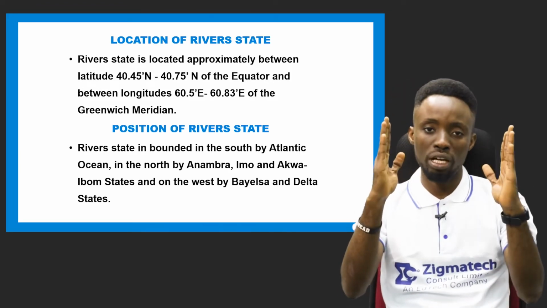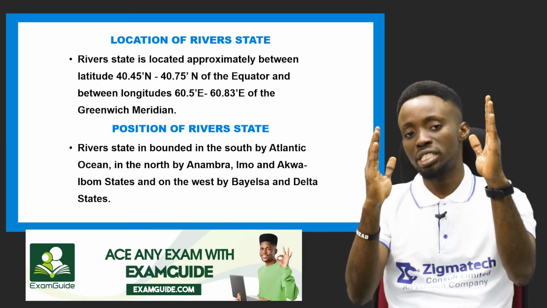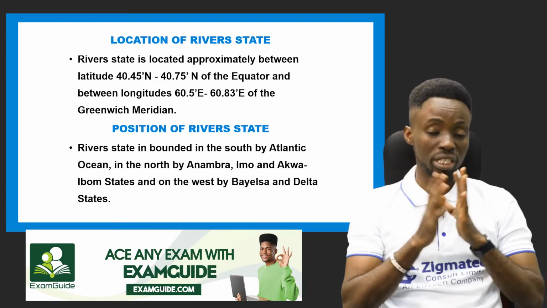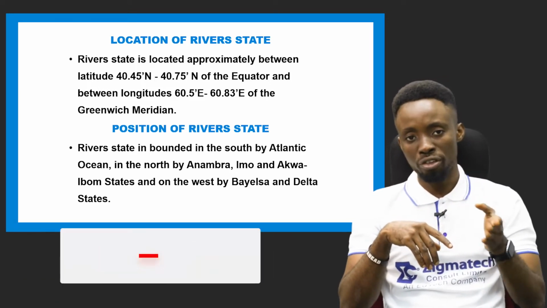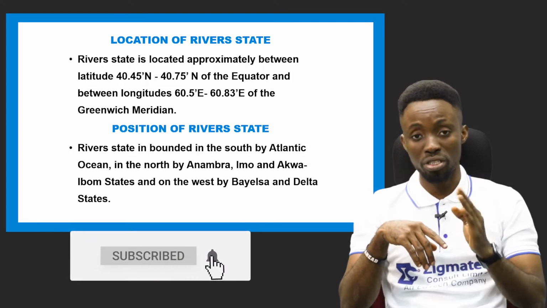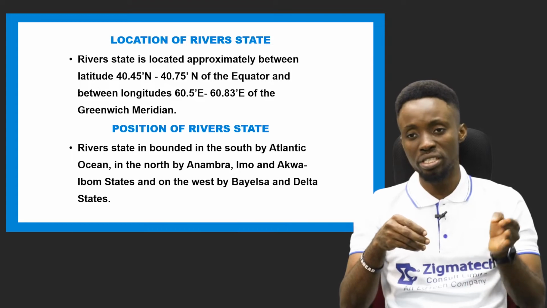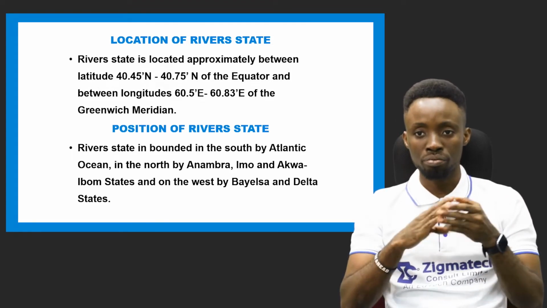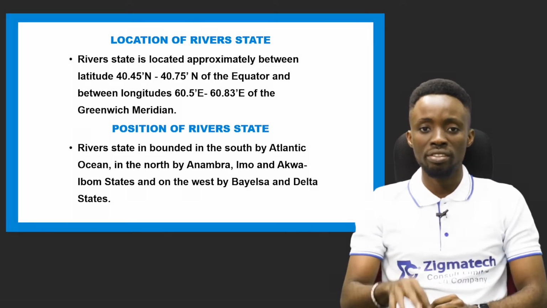Now, in terms of longitude, it's between 6.5 degrees east and 6.8 degrees east of the Greenwich meridian. So between 4.45 degrees north and 4.75 degrees north, and between 6.5 degrees east and 6.83 degrees east of the Greenwich meridian, we have Rivers State seated right there.